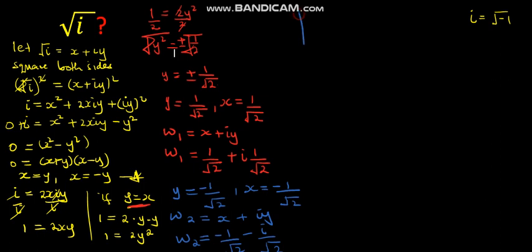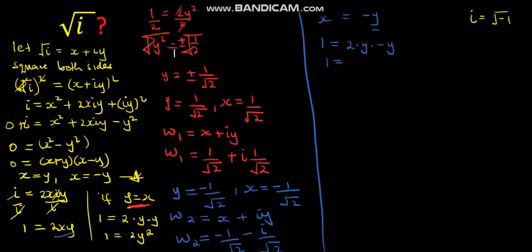Now we have to also find whether x equal to negative y will give us the same roots. Is that okay? So what we shall do, we shall substitute it here, and we shall have 1 is equal to 2 times y times negative y. So we shall have 1 is equal to negative 2y squared.